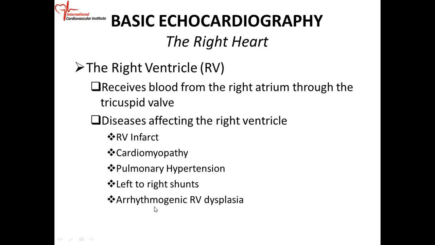RV dysplasia is basically when the right ventricular muscle is replaced by fibrofatty tissue. And the reason why we say arrhythmogenic is because those patients are now prone to abnormal rhythm. They're prone to developing ventricular tachycardia and ventricular fibrillation, and that can kill patients. Okay.